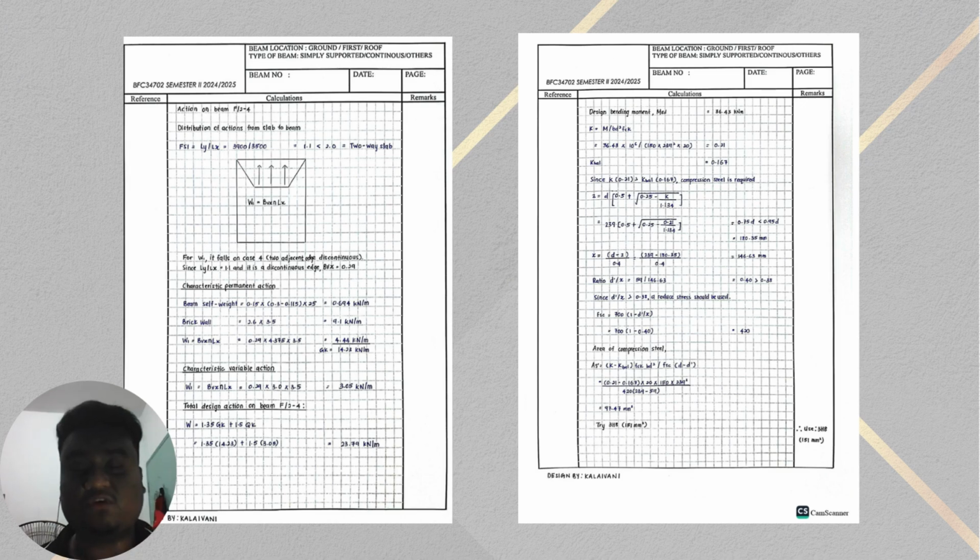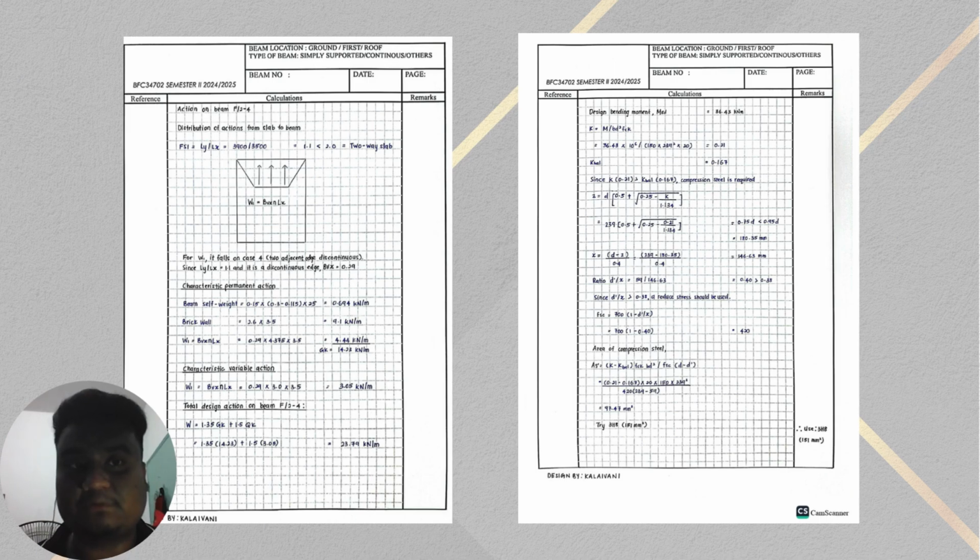Next, let's move on to the designing and calculation process. One of the important parameters that we need to determine in designing a beam is the action on the beam itself. So we have chosen the beam F/2-4, which is located on the first floor. As you can see here, the distribution action from slab to the beam is 1.1, which is less than 2.